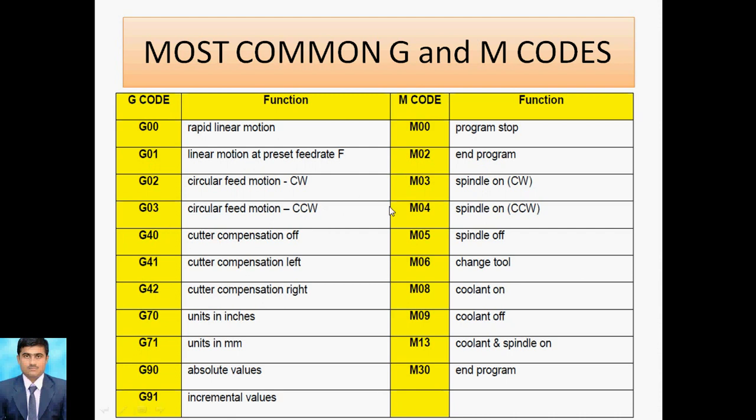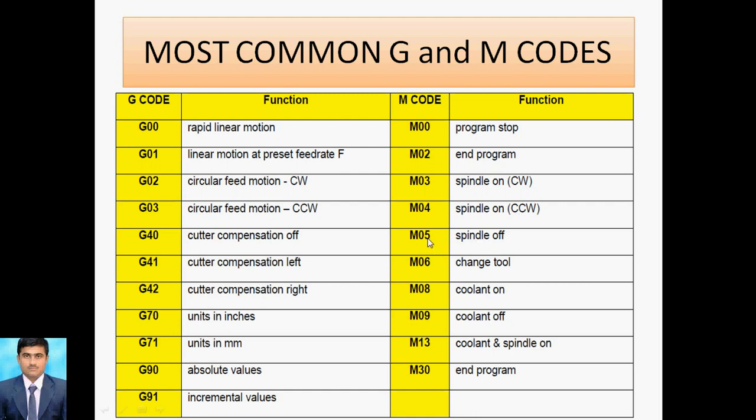The next are the M codes, the miscellaneous codes. M00 is program stop, and M30 is for end of the program. In between, M02 is also end program. M03 is spindle on clockwise, M04 is spindle on counterclockwise, and M05 is spindle off.